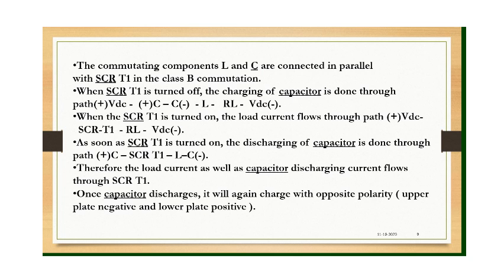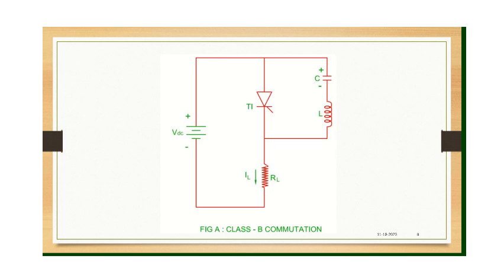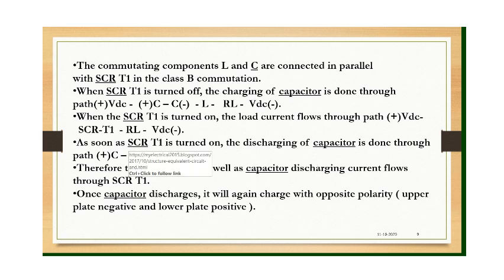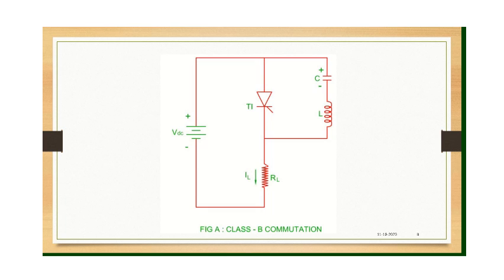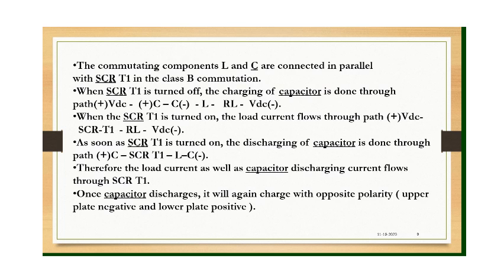All right. When the SCR is turned on, the load current flows through the path VDC, T1, RL and VDC minus. When the SCR is turned on, the current path will be in this direction. So as soon as the SCR is turned on, the discharging of the capacitor is done through plus C, SCR, that is T1, L and minus C. In this path, the capacitor will discharge.